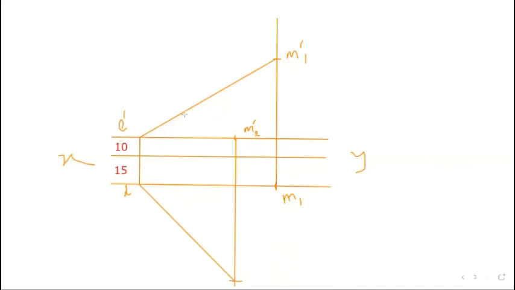So this is basically the position of the HP and VP, and you have to measure these two angles by protractor or by diagonal scale. Then the other remaining is the same, so this will be the M2. Now here you draw a horizontal line, and similarly here also draw a horizontal line.